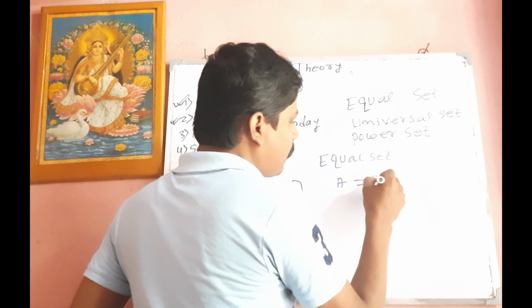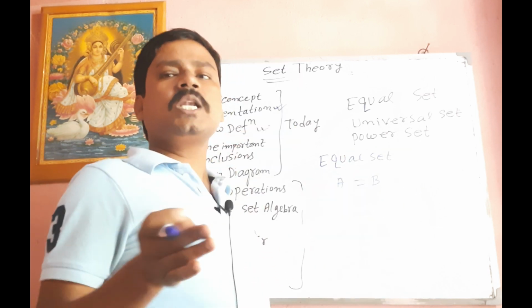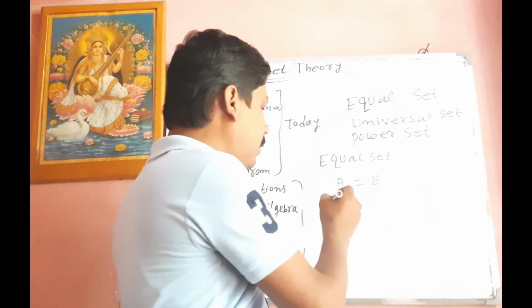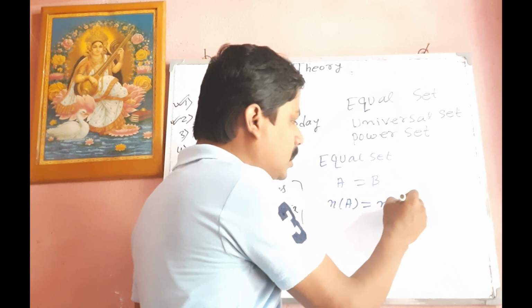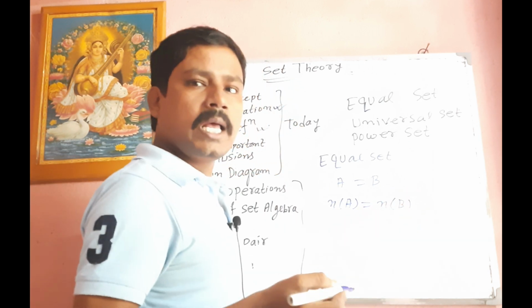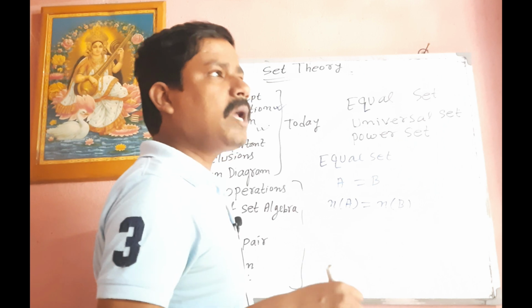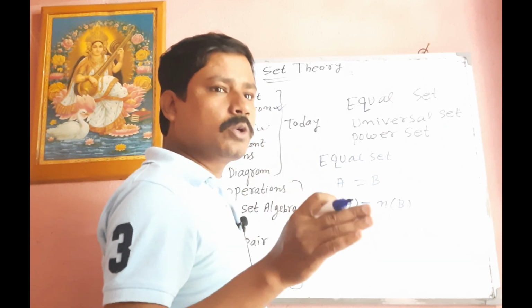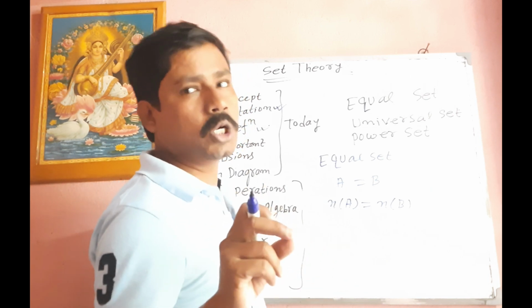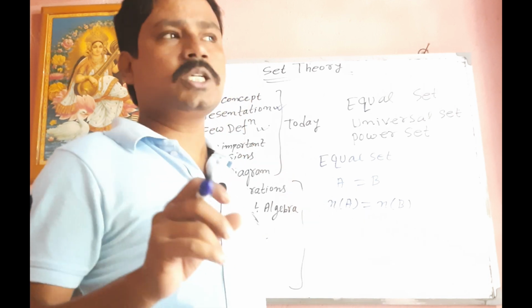Two sets A and B are said to be equal if the cardinality number of A and the cardinality number of B are the same, and the elements of set A and set B are equal, but the order does not have any effect.